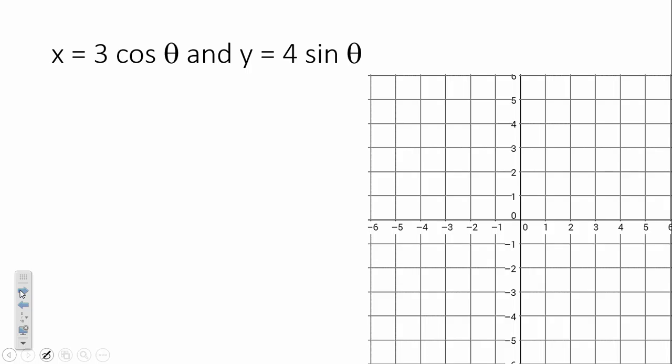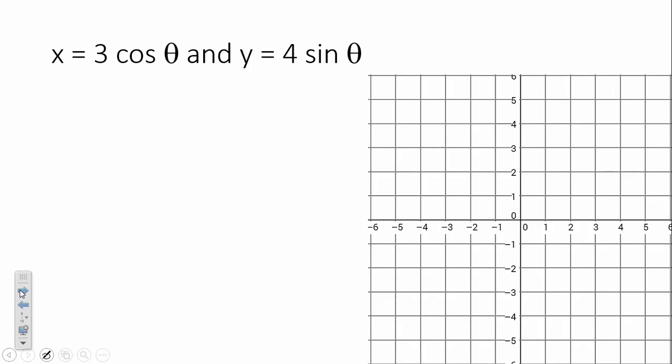Could divide by 3 and then take the inverse cosine, and it's going to be a mess, isn't it? But do we have any trig identities that involve both sine and cosine? What's our trig identity that involves both sine and cosine? Tangent would be sine over cosine, but then we're still going to have a theta in there, aren't we? So we want to try to eliminate that in some manner.